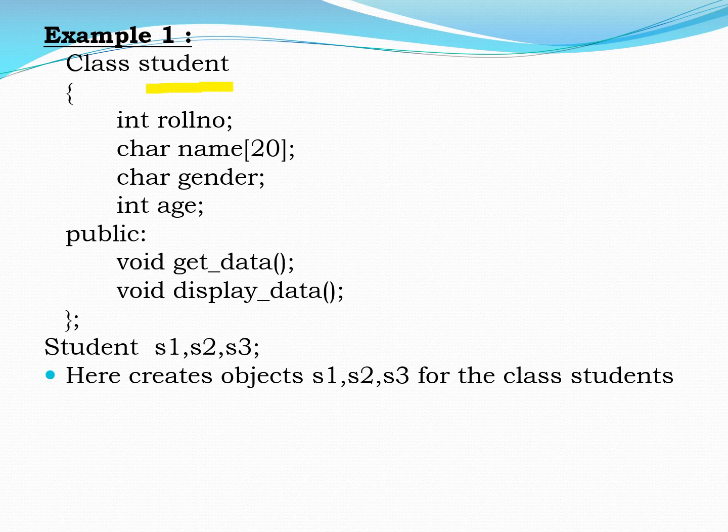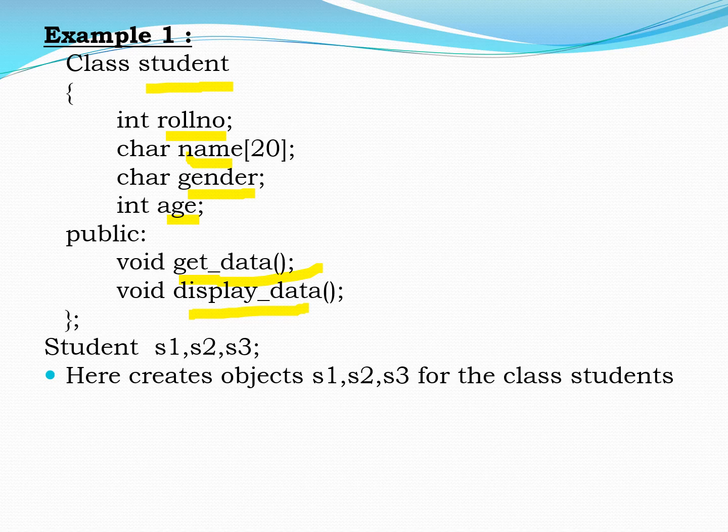In student, I have data members called roll number, name, gender, and age. Under public, I have created two member functions, that is get data and display data.